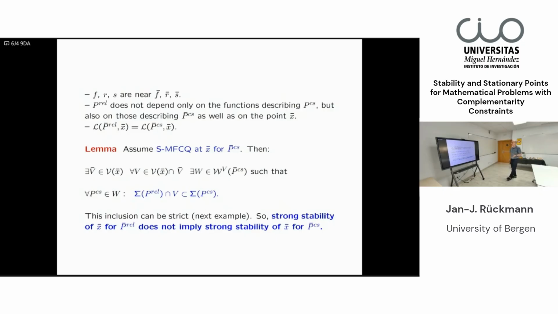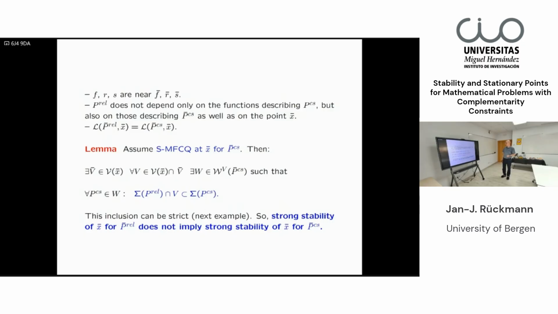One of the consequences is formulated here in this lemma. Assume that the S Mangasarian formal constraint qualification is fulfilled at the considered point. Then we have blah blah blah, and the blue one is this here, namely that the set of stationary points of the relaxed problem locally is a subset of the stationary points of the problem with respect to S stationarity.